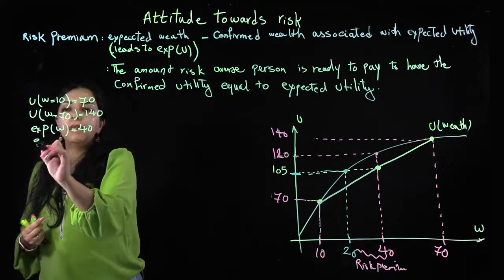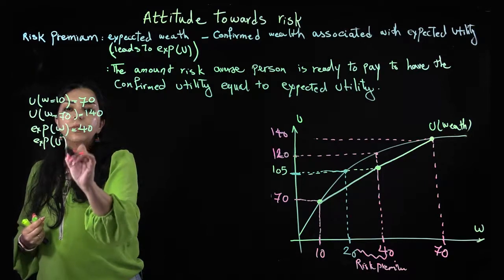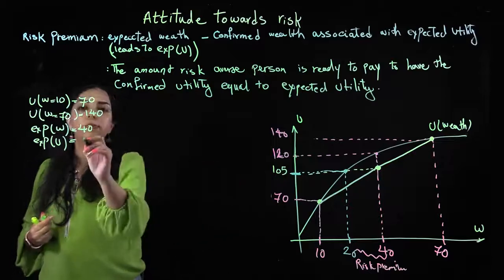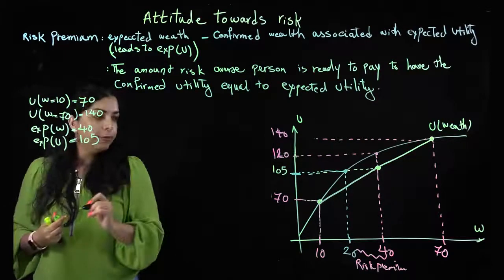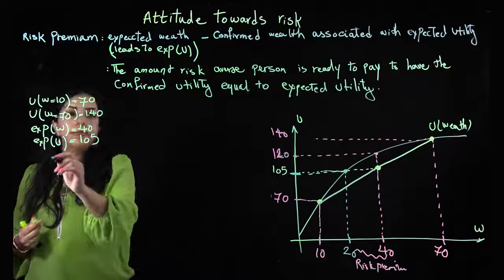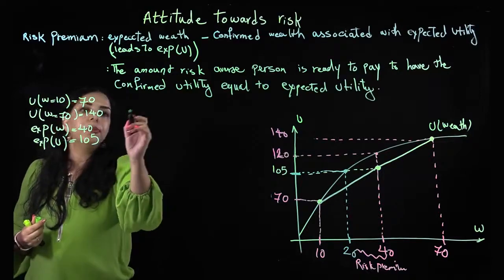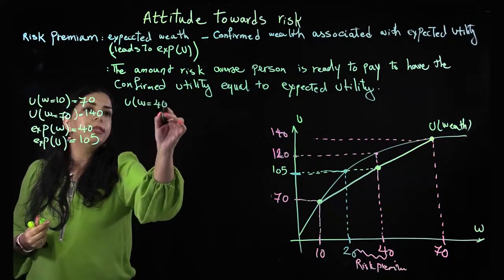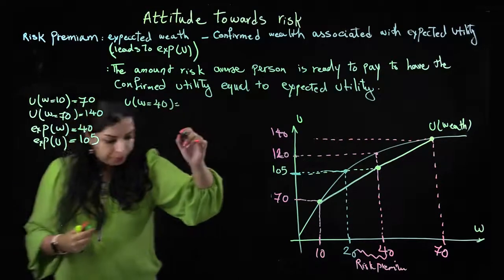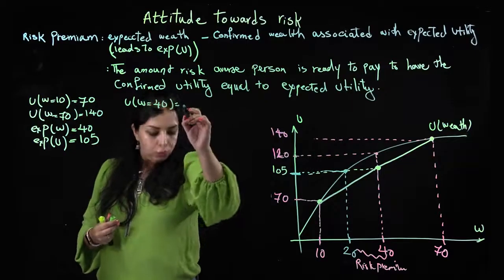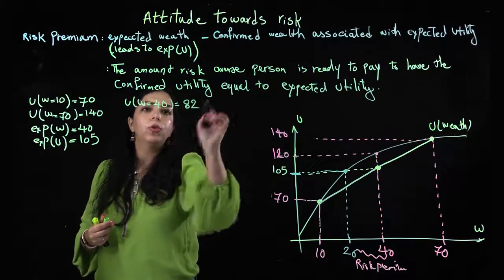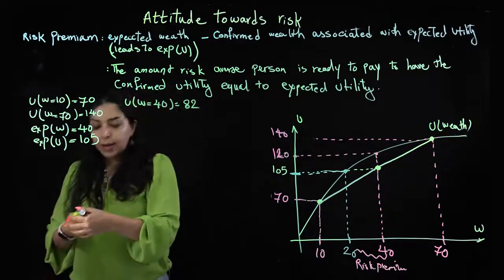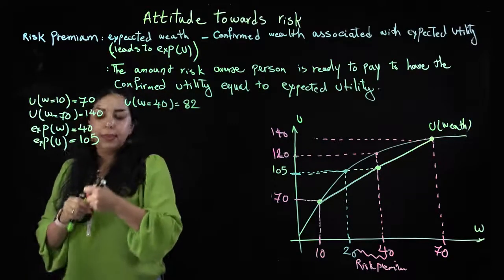The expected utility we calculated before is the same, 105. The only difference is that in this example, the utility associated with wealth of 40 is equal to 82, as given by the book. So now I want to draw the graph for the risk lover person.